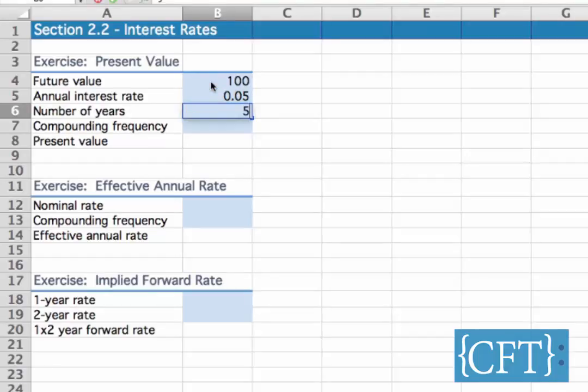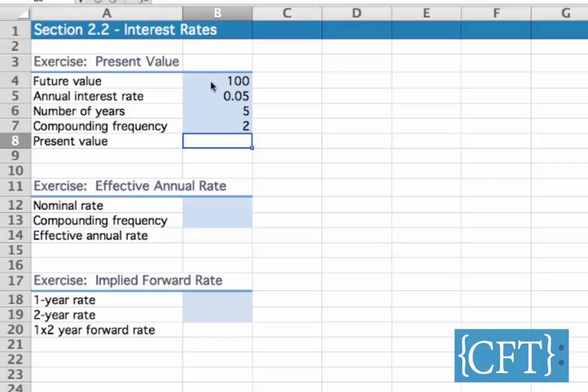Over a 5-year period with compounding twice per year. To find the answer, we need to use our present value formula, but taking into account discounting.